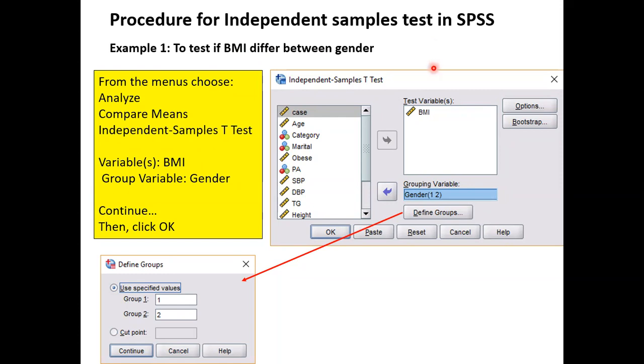H null, the means are equal. H alternative, the means are not equal. We do the test.